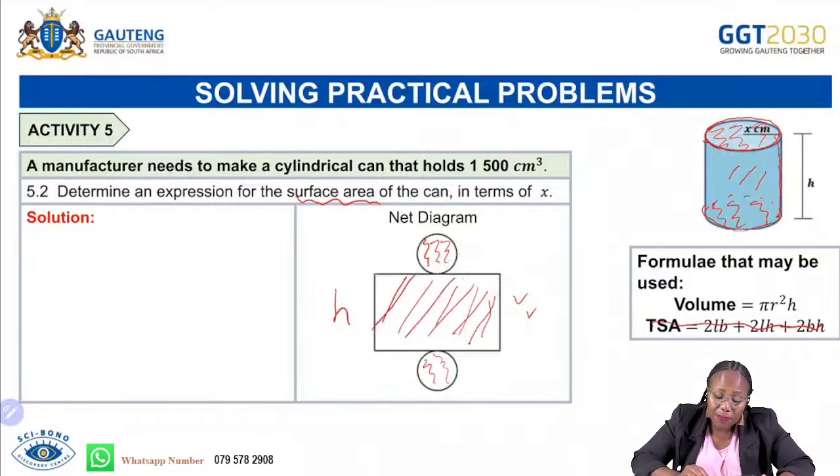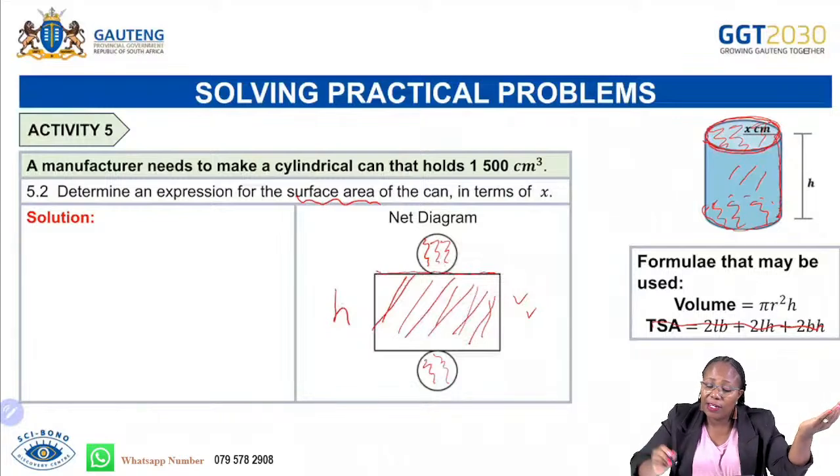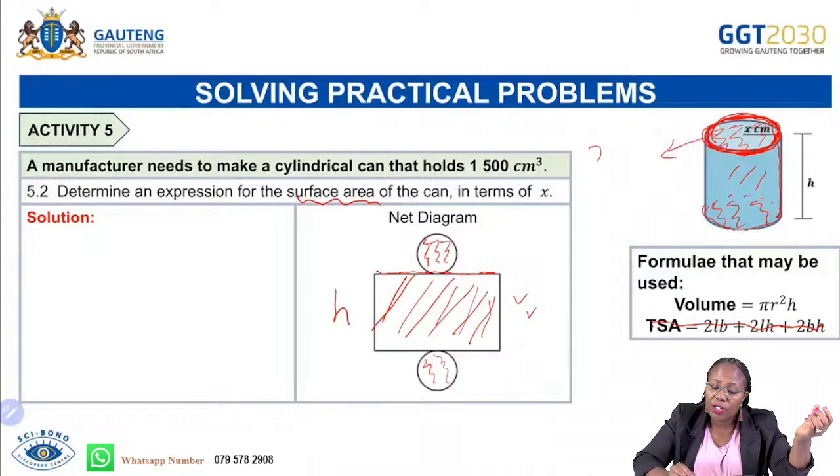And then this side here, when we cut off this part here, then it will be open and flat like that. And then this part, what do we call that? That is the circumference of your circle there. So now the formula for circumference, do you still remember that? That is 2 pi r.